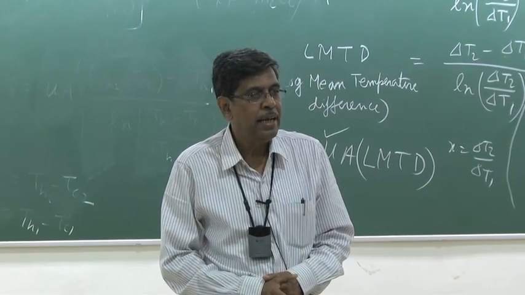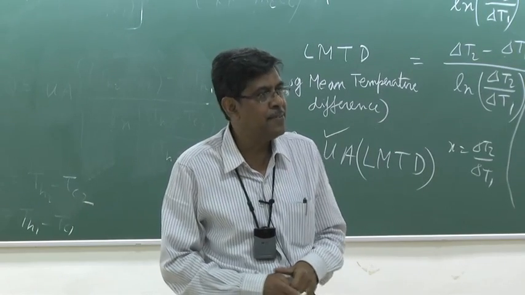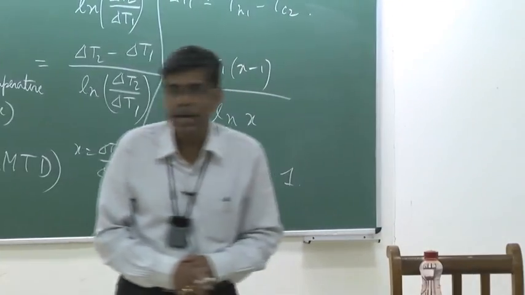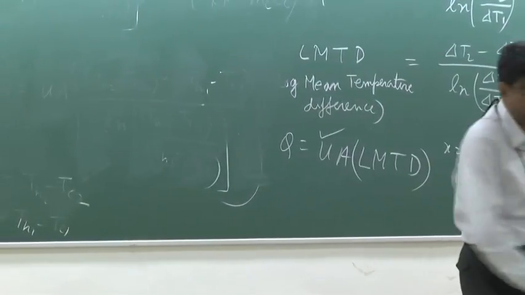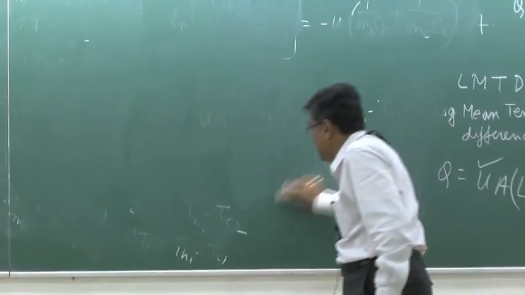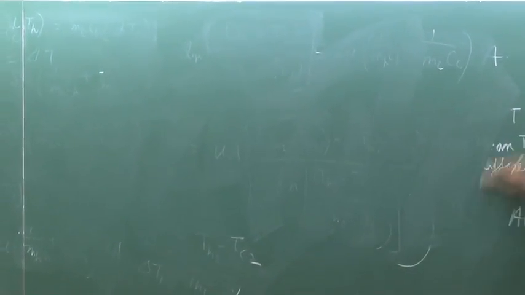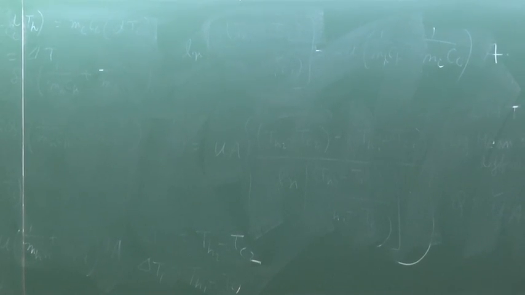Then two scientists, Kays and London, they are two stalwarts in the field of heat transfer, they found out another suitable method for this type of problem, where sizing is given, that means surface area is given, we have to rate the heat transfer in terms of its heating and cooling load.